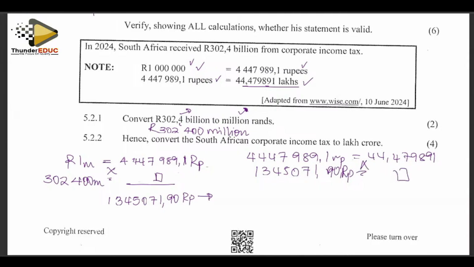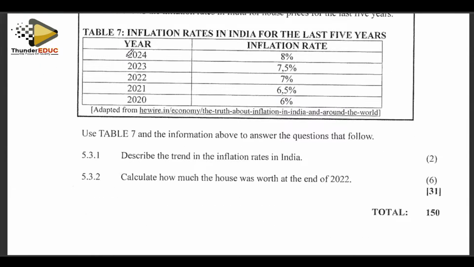Cross multiply, and we divide it by 4,4,7,989,1. And you have it as this much. These are the lacquers.